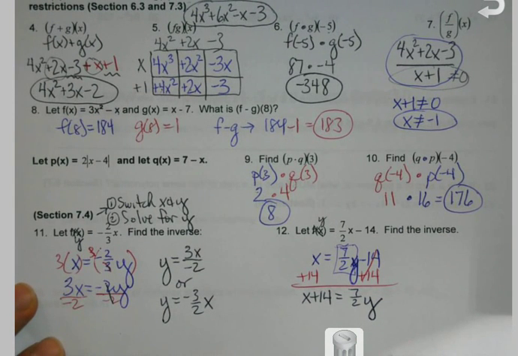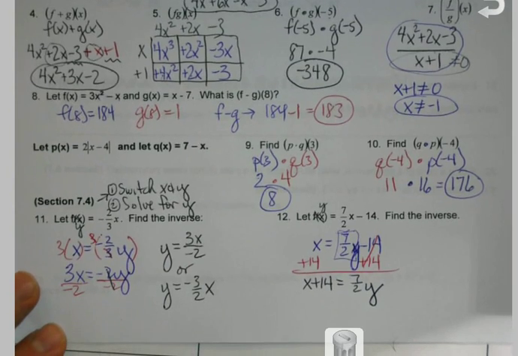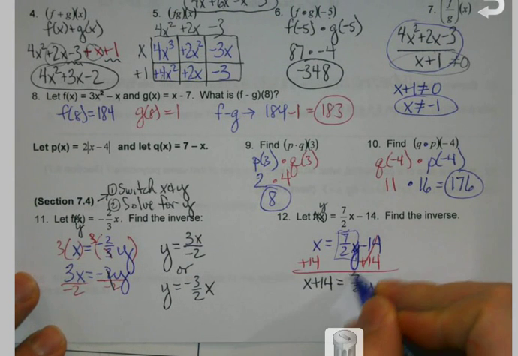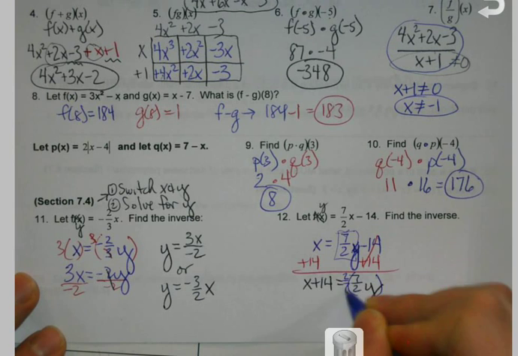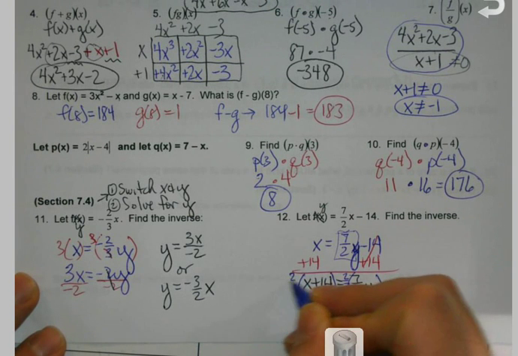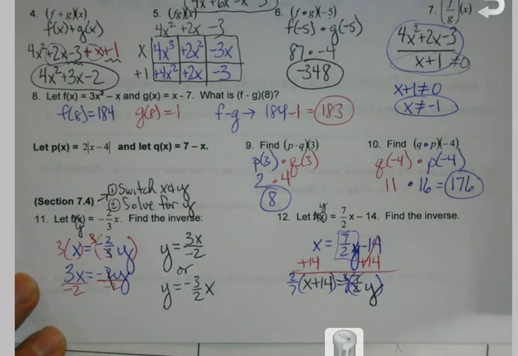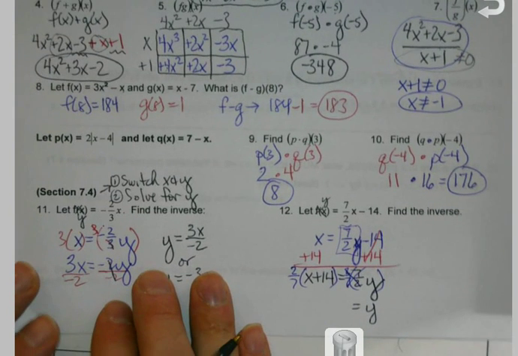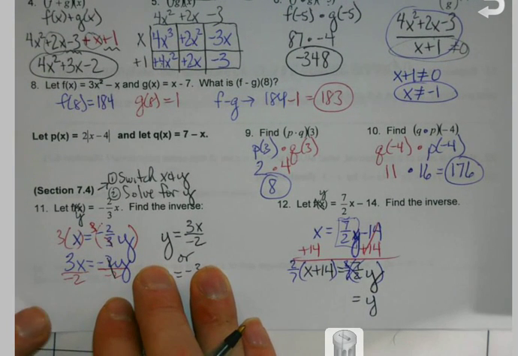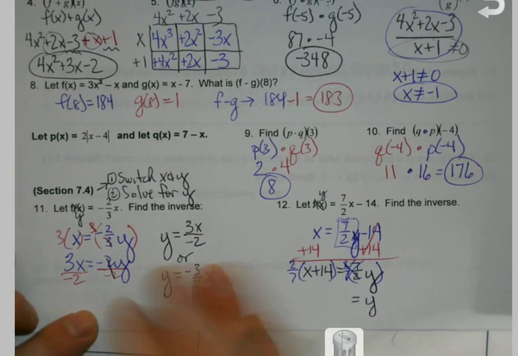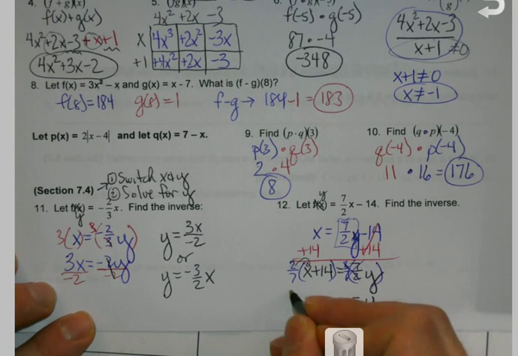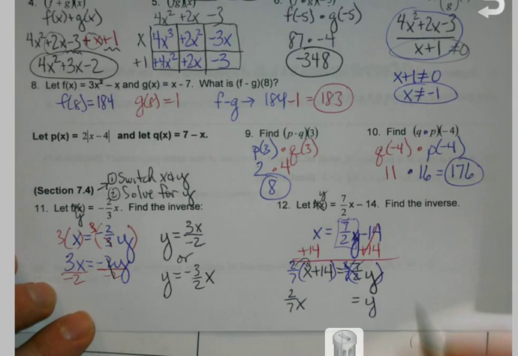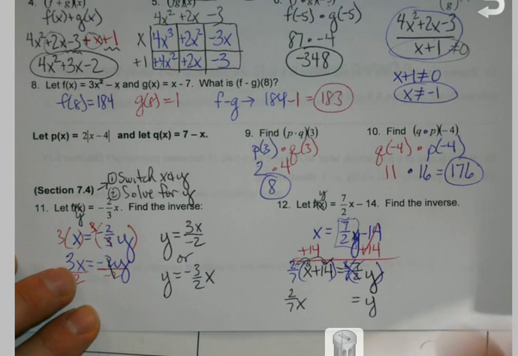Now, since on the last one we did it piece by piece, this time I'll do it for our reciprocal fans. If I want to get rid of 7/2, I'll just multiply both sides by 2/7. On this side, that'll get y by itself. And on the other side, I do want to distribute that through. So when I distribute it through, I get 2/7 x. And then don't panic on the fraction part. This is going to come out nice.